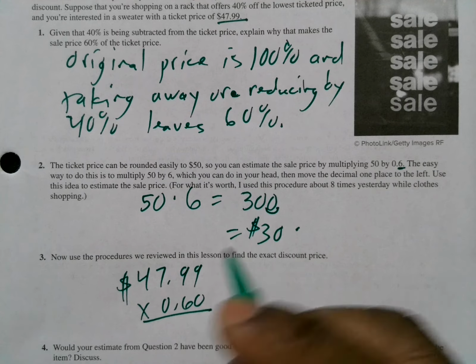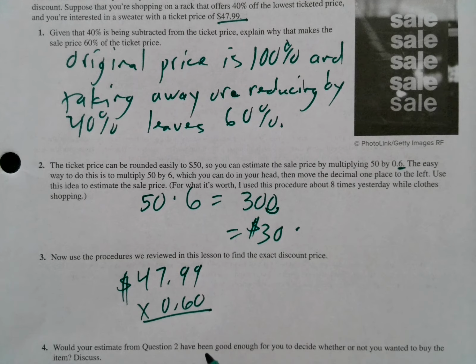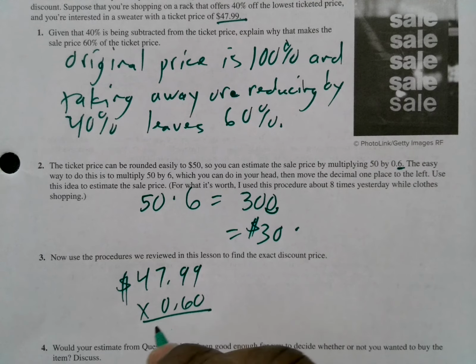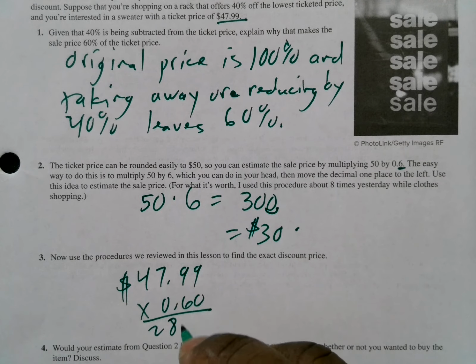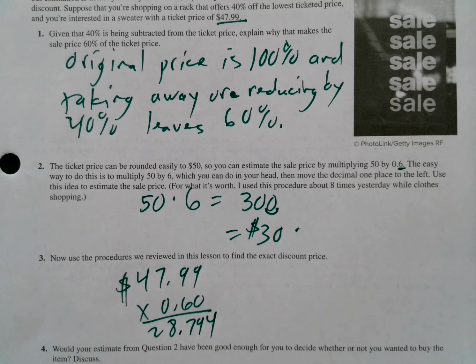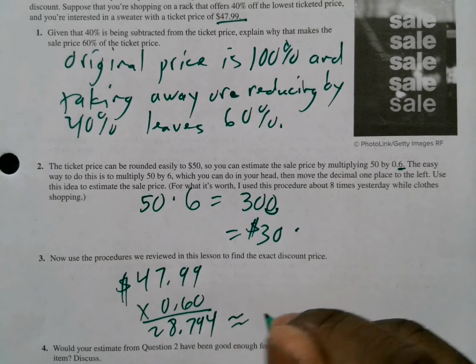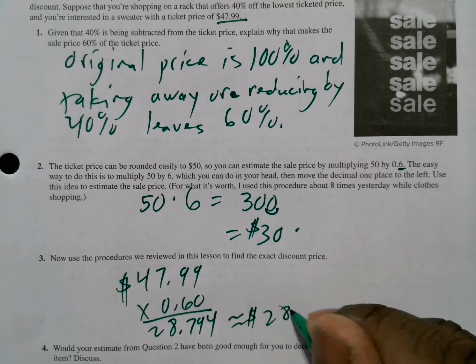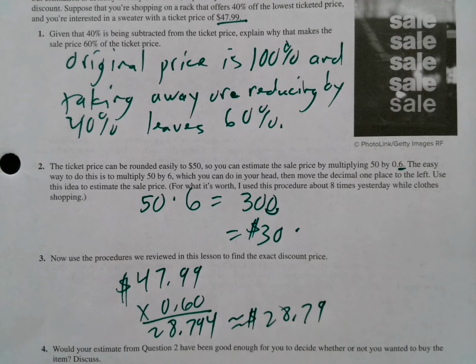And that would give us, when we put this in our calculator, 28.794. Now since this is money, we will round this to $28.79.